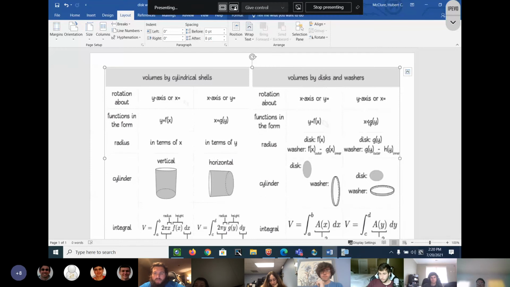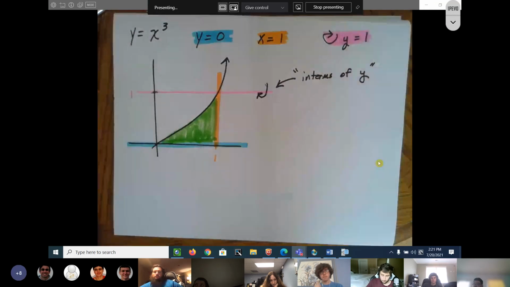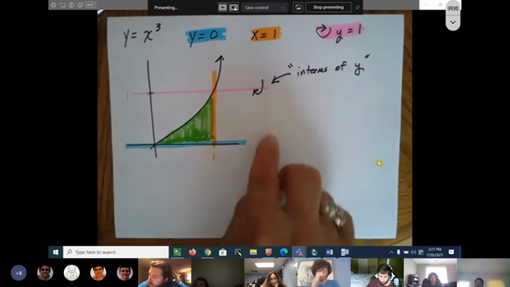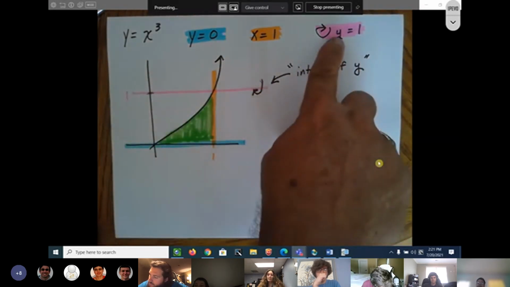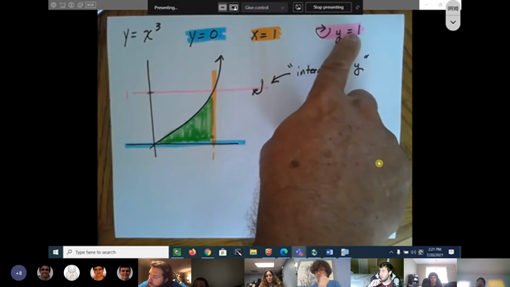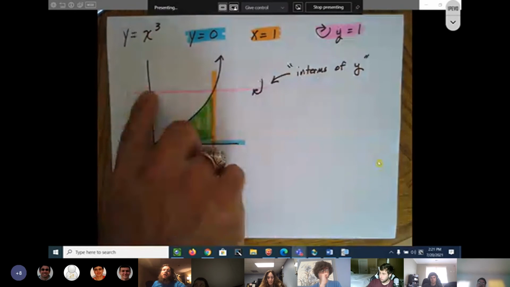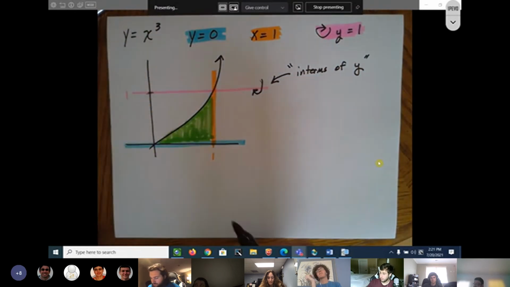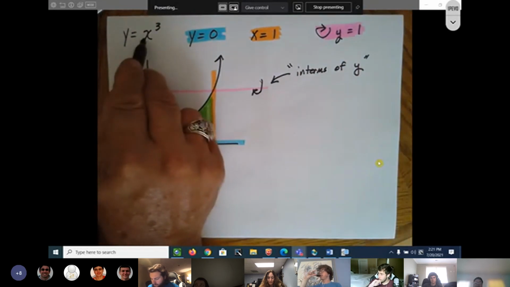So with that being said, and I think I told y'all that yesterday, when it's a washer, it's different. But when it's a shell, if it's around the x-axis, and this is the horizontal axis, because it says revolve around y equals 1, that means we're going to have to put everything in terms of y, which means we have to solve for x right here.